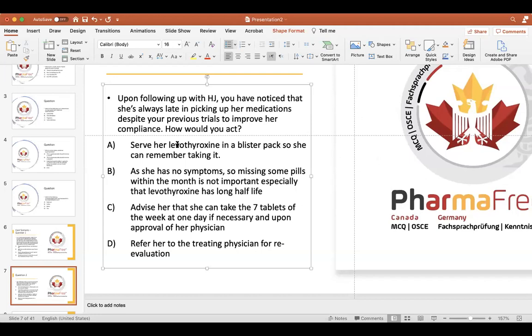Okay, the question says that she's non-compliant with the medication despite your previous trial to improve her compliance. So you have already tried to improve the compliance, correct?